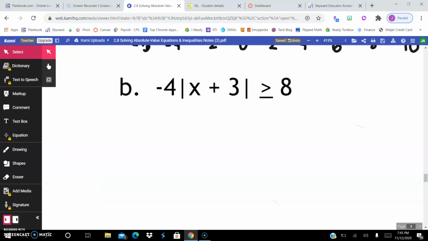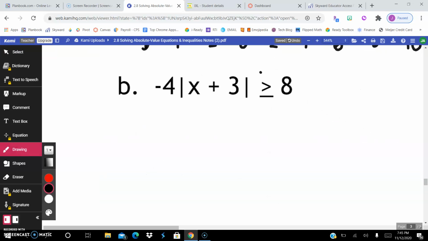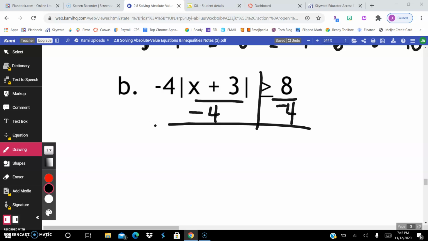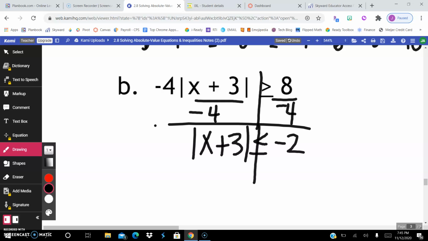And then we have one more problem here to look at. We have to divide both sides by negative 4. And so we have the absolute value of x plus 3. Remember, when we divide by a negative, we have to flip that sign. So we get negative 2. And then we break this up. Keep the sign the same and the a value the same.